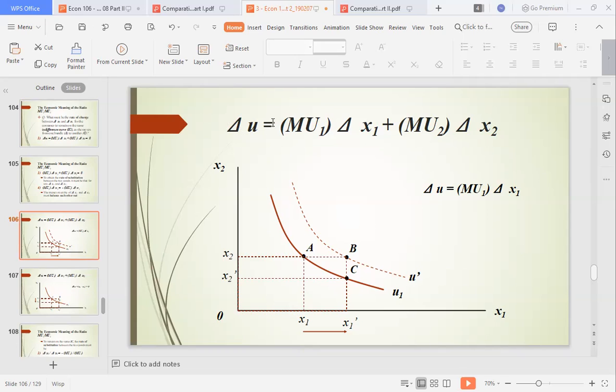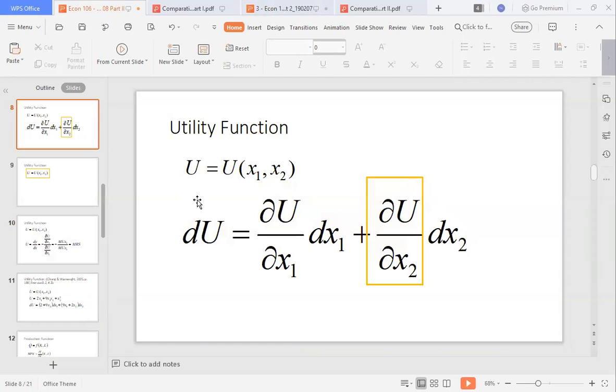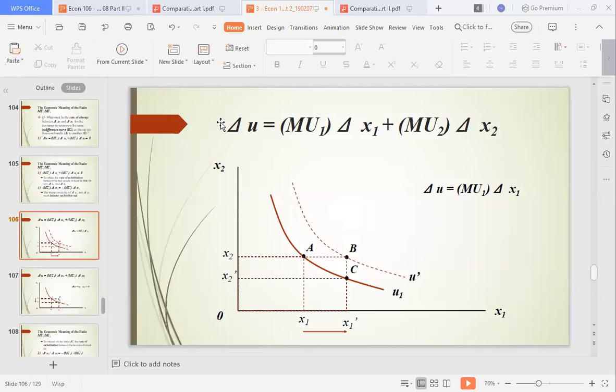This is what we call total differential, class. Delta U is just the same as dU here.